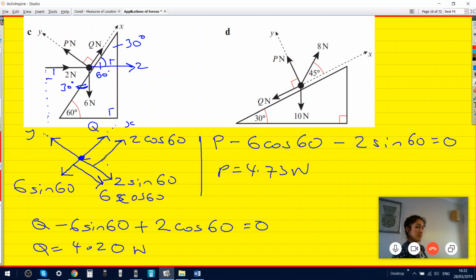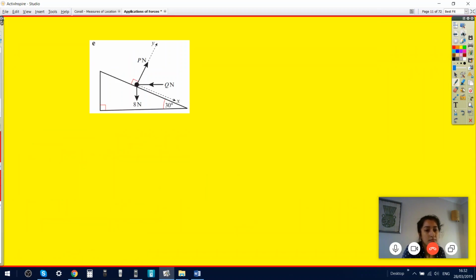I just broke it down to, well, in the x direction it's 2 cos 60, and in the y direction it's 2 sin 60. The 6 in the x direction it's 6 sin 60, and in the y direction it's 6 cos 60. So I just broke it down to be everything perpendicular to each other. Okay. And maybe that will make it clearer when you're doing these diagram things.